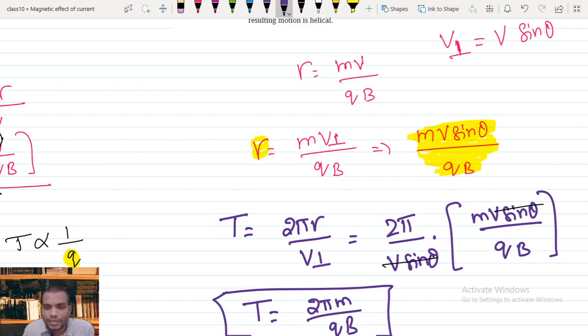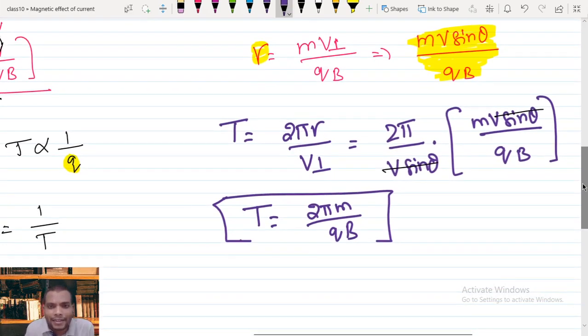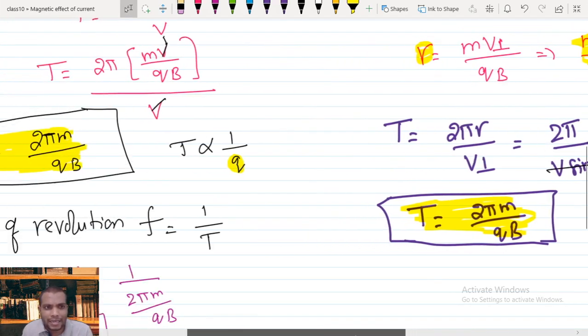So in these two cases, when the particle is moving at an angle, the time period is 2 pi m upon qB. If you notice, this time period in this case at any angle and the time period in the previous case at an angle of 90 degrees, they both are the same.